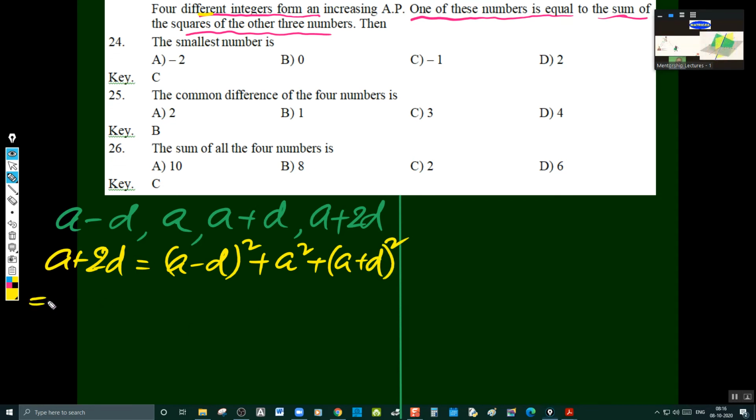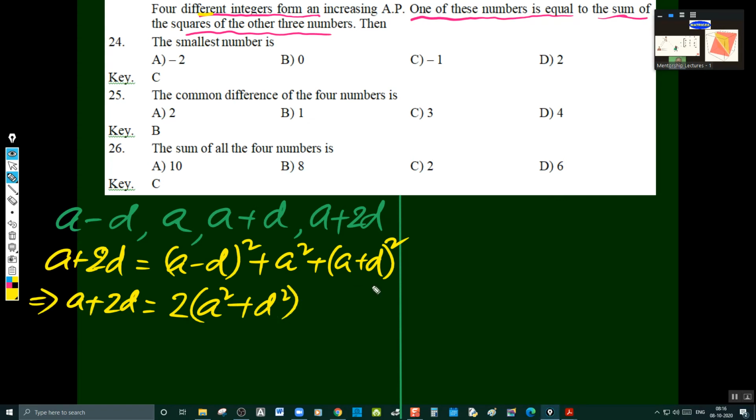This implies a plus 2d is equal to a plus d whole square plus a minus d whole square, which is twice of a square plus d square, is the formula.